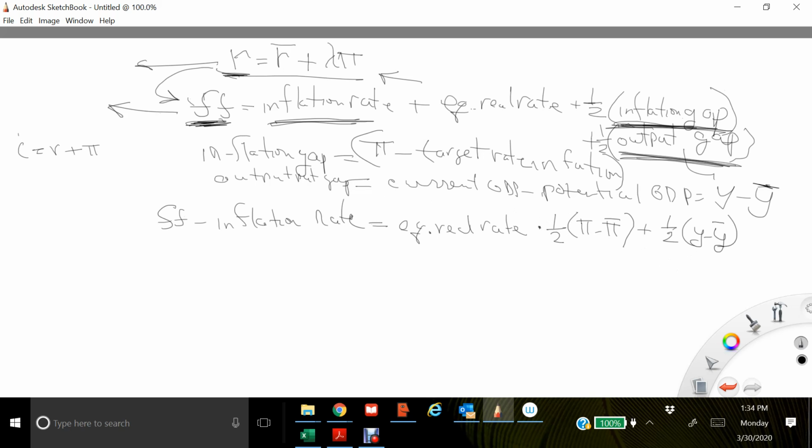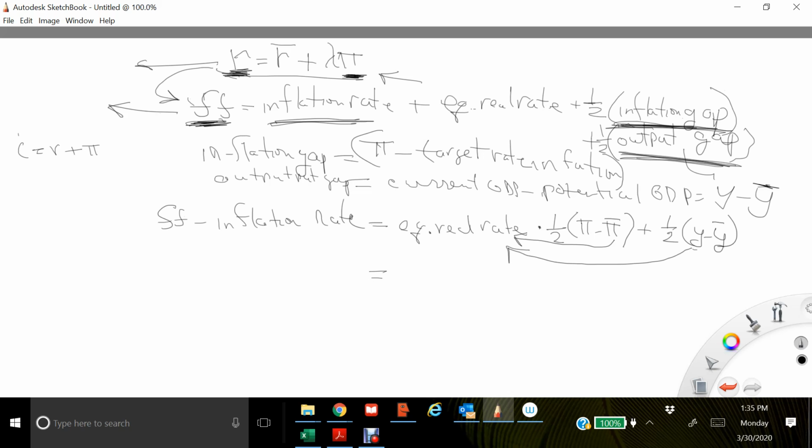So what we can do, since we want a relationship between the real rate and pi, because we want to graph this relationship, the monetary policy, in this real rate pi space, we're going to subsume one particular value of the output gap and combine that with the equilibrium real rate, and also take this target inflation rate and combine that with the real rate.